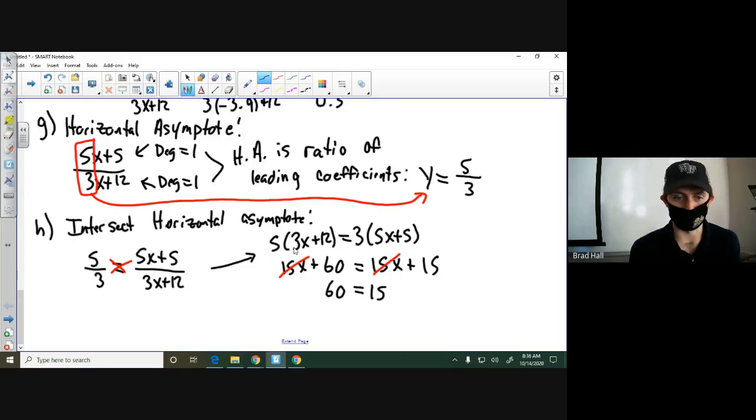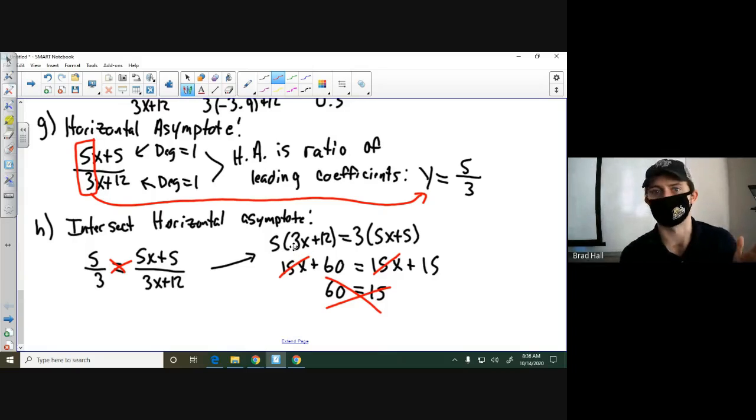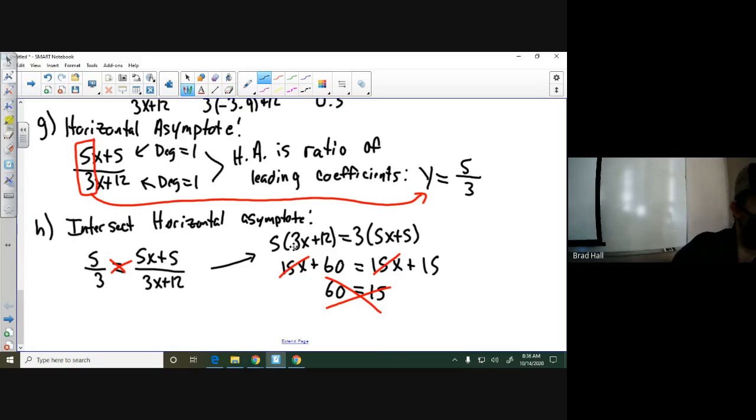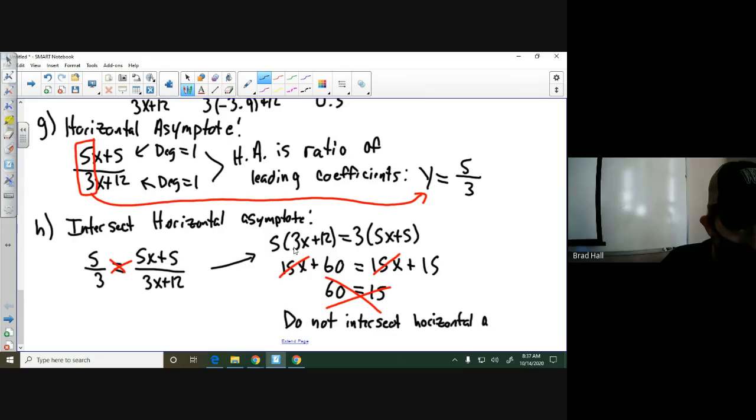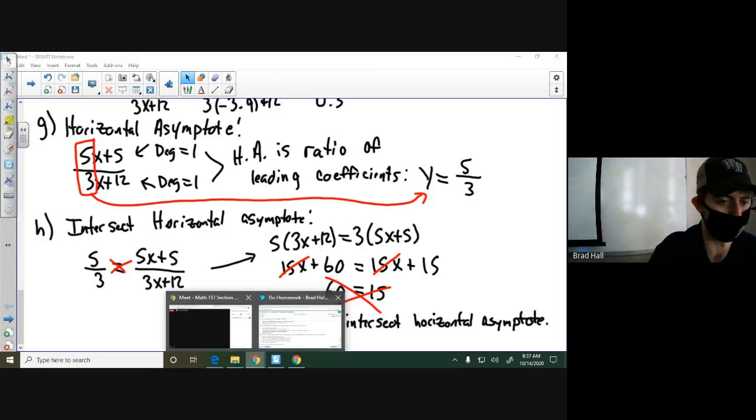Since this does not make sense, because there's no more x values, there's nothing to solve for, which means we do not intersect the horizontal asymptote at all. So that would be our conclusion.